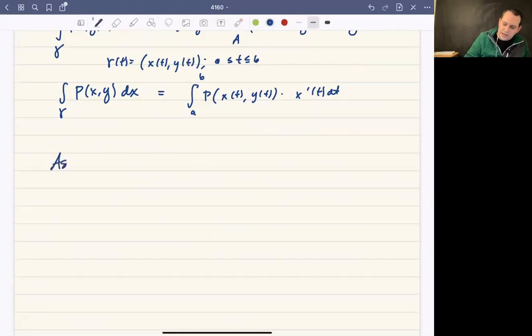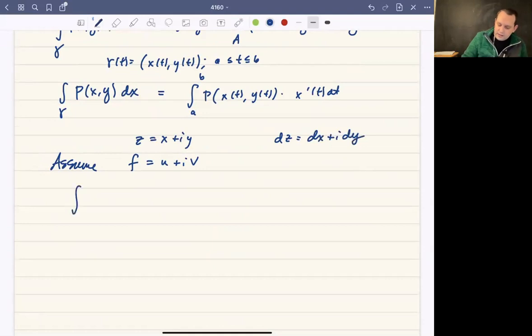Let's assume that f can be written in the usual way as u plus iv, and let's write z as x plus iy. The reason is that dz is dx plus i dy, and the integral of f of z dz over gamma gives you the integral of u plus iv times dx plus i dy.